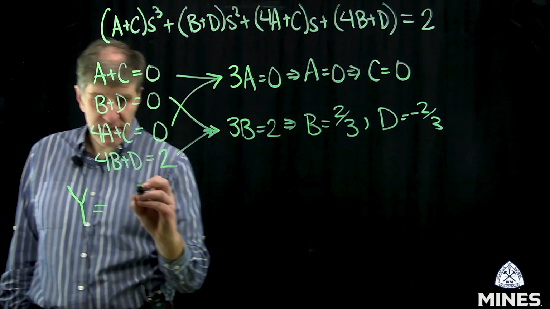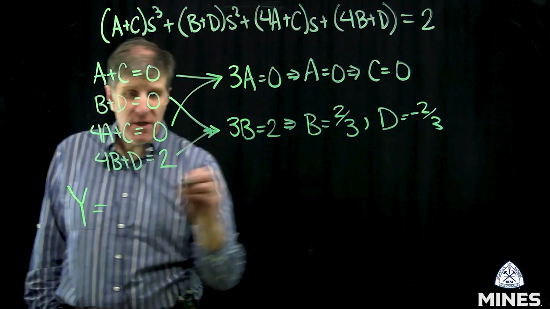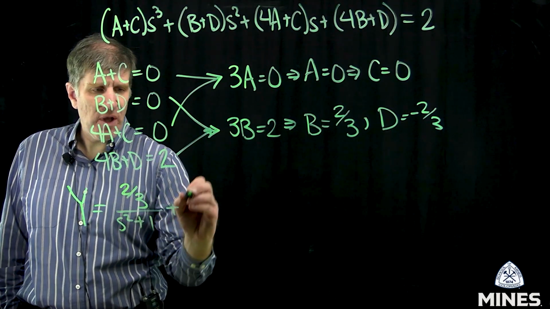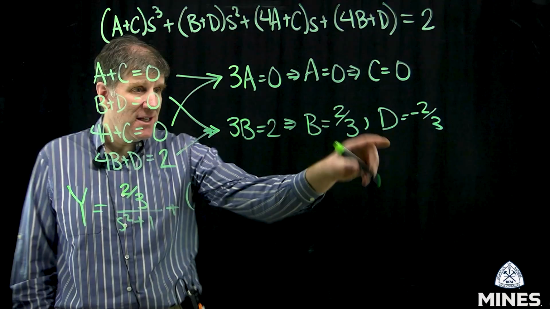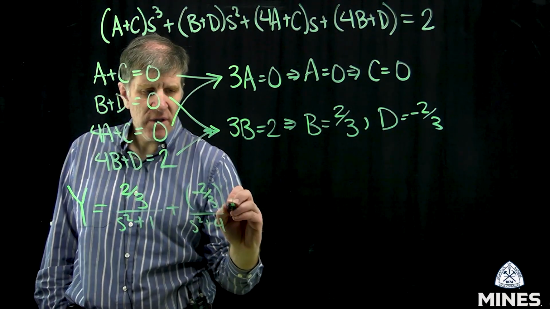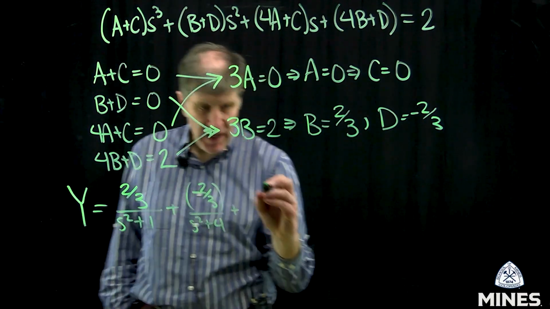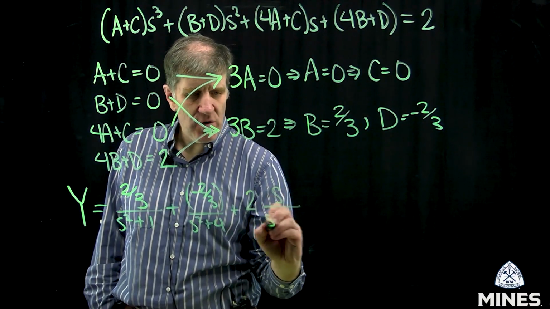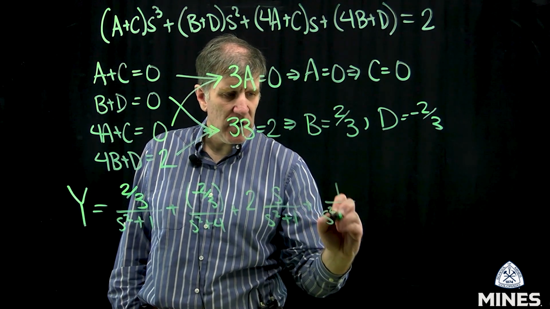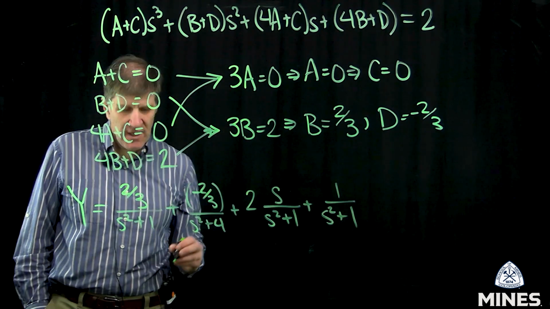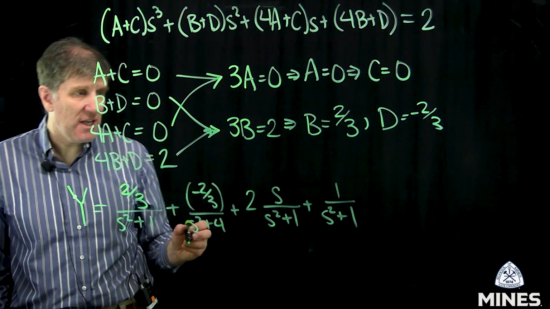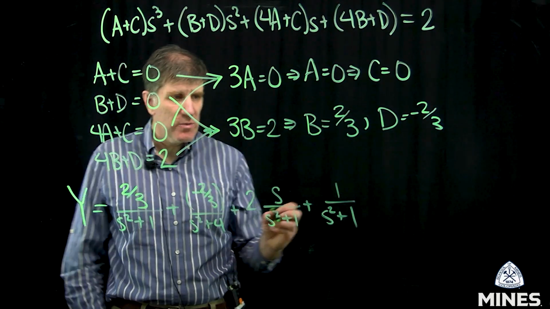Capital Y is (as plus b), so b is 2/3 over s squared plus 1, plus (cs plus d), and d was negative 2/3 over s squared plus 4, plus we had a 2s over s squared plus 1, plus a 1 over s squared plus 1, and this is now ready for me to use the inverse Laplace transforms on the table.